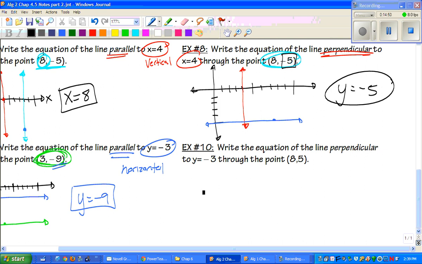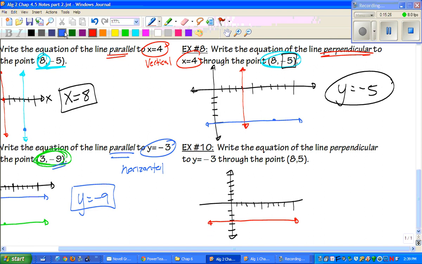So for number 10, once you draw your line, we've got just a little bit different numbers here. Let me redraw this. There's the graph. Okay, so we got y equals -3, which is down here.